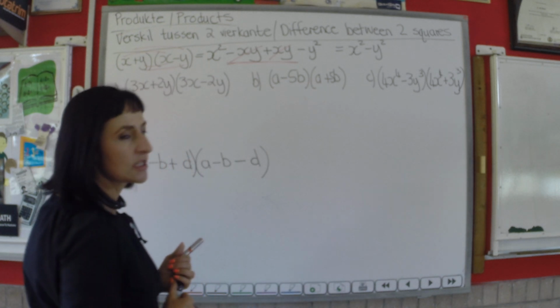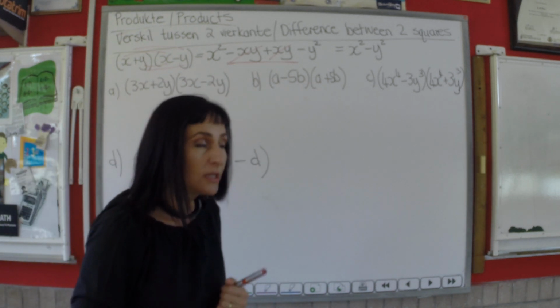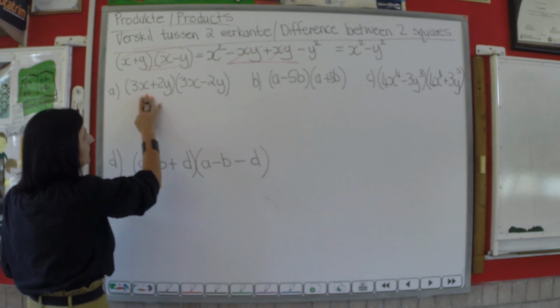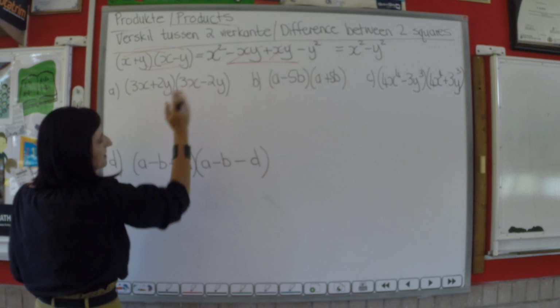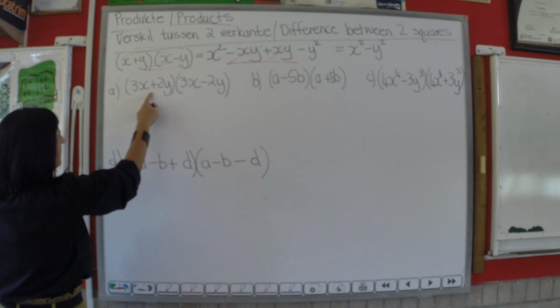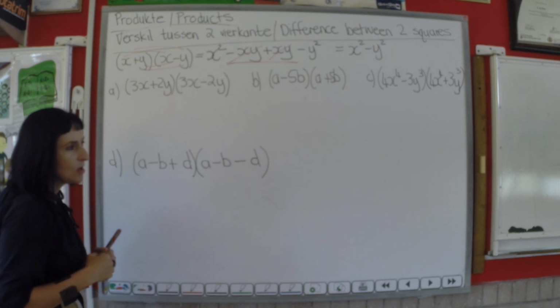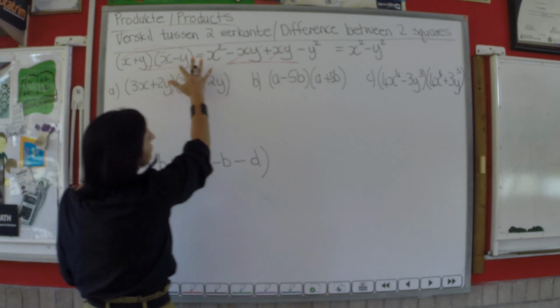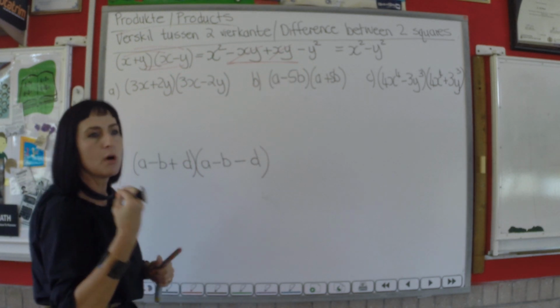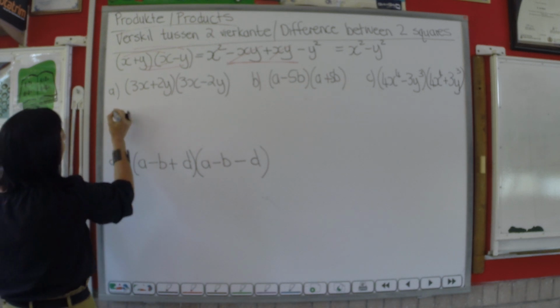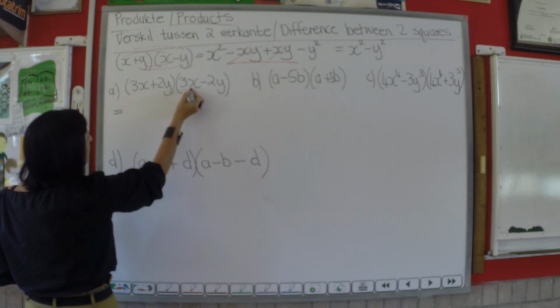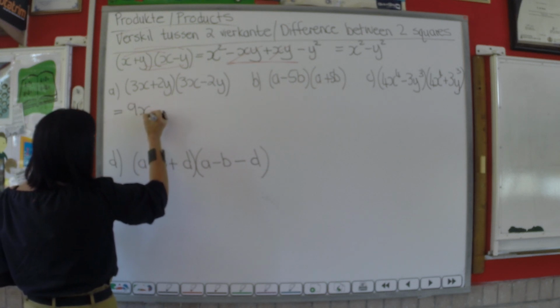So nou is ons slim, ons wil nie meer werk as wat ons moet nie, graad 10. So as ek nou gaan kyk na hierdie twee, gaan ek duidelik sien dat die twee hakies is identies except the sign positive, negative. So now it's not necessary for me to do all this work because I know my work. I've got the knowledge. So al wat ek nou wil gaan doen is, ek kan sê 3x maal 3x is 9x kwadraat.